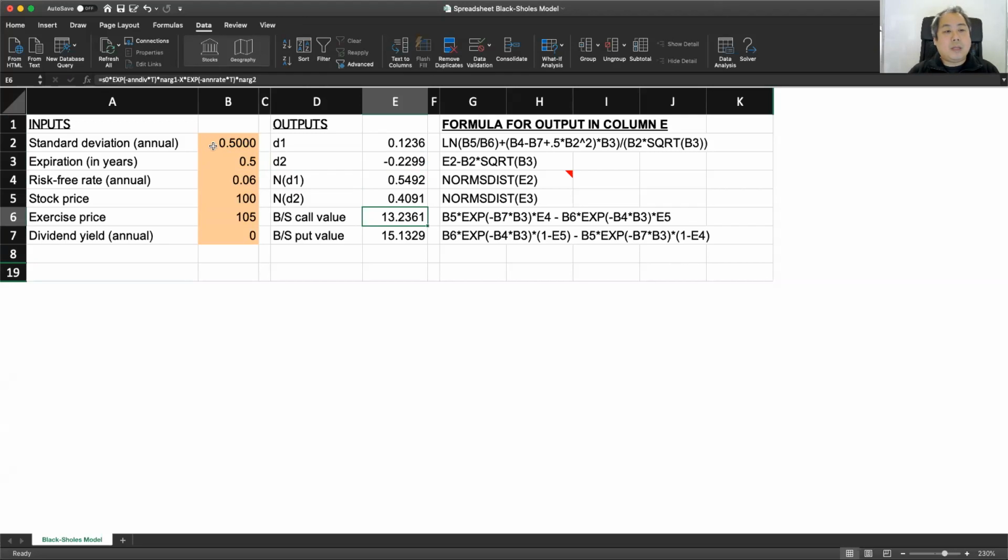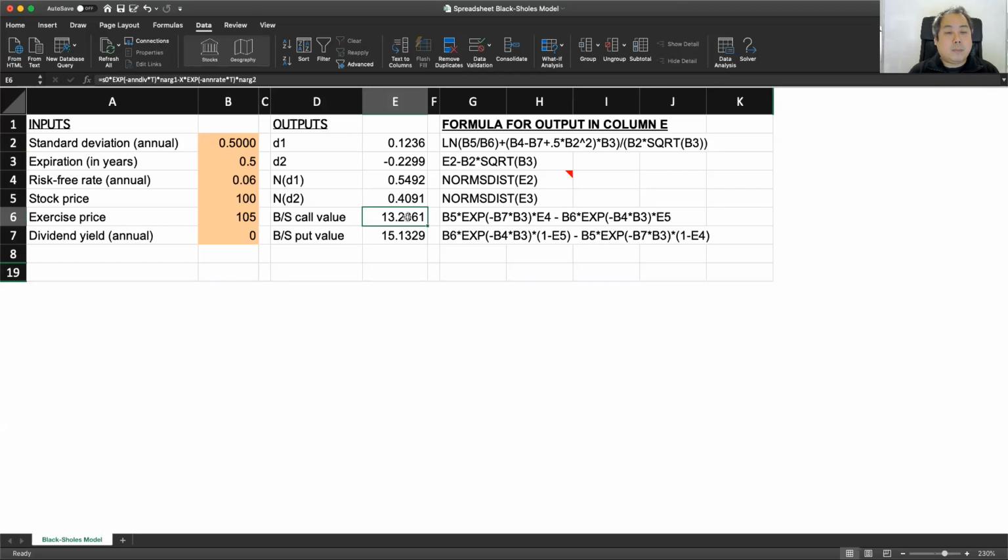So it means that we don't have the standard deviation. We don't know it. But we know the call value because in the market, the option is trading, right? So we have the market value and we believe this is a good, fair value. Then we can calculate the standard deviation from this model.